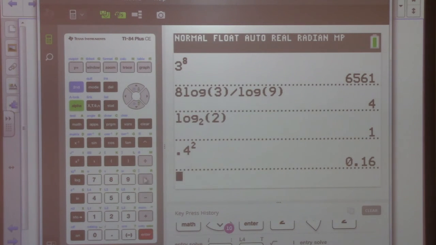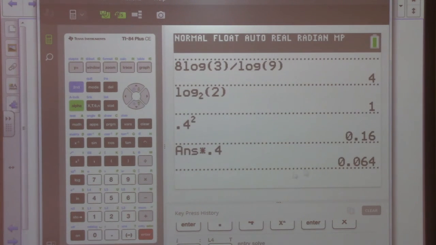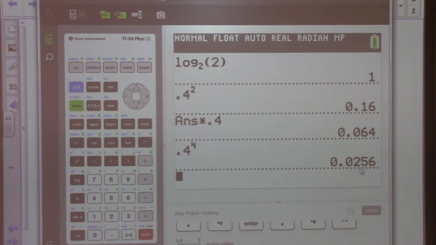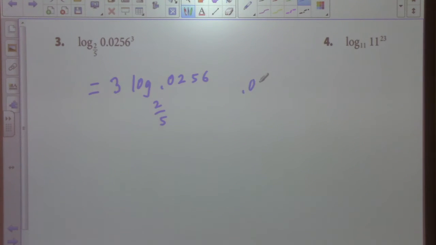Now we'll multiply that by 0.4 again. So that's going to be 2/5 to the power of 3. And then one more time, 0.4 to the power of 4. That's it, right? So 0.0256 equals 2/5 to the power of 4. Is that right? That's right.